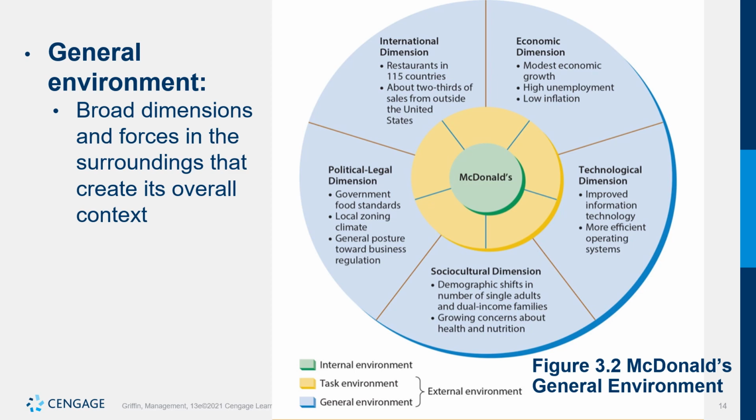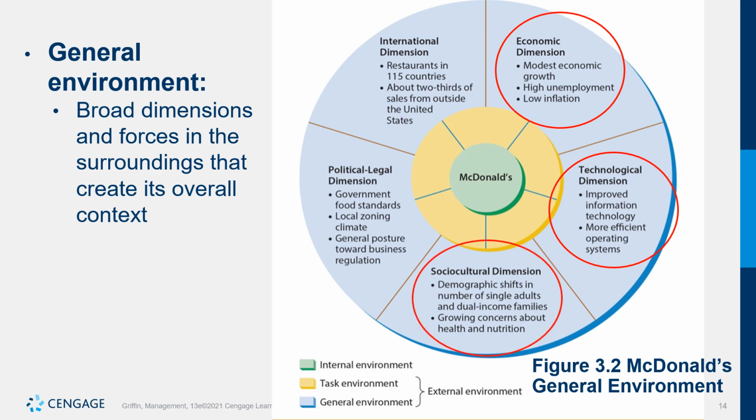As an example, let's look at the general environment of McDonald's. McDonald's need to take a look at the economic factors in the environment, such as the modest economic growth, high unemployment, and low inflation. The technological dimension includes improved information technology and more efficient operating systems that are available to help improve the food chain's processes. On the socio-cultural dimension, the demographic shifts in number of single adults and dual-income families and the growing concerns about health and nutrition.